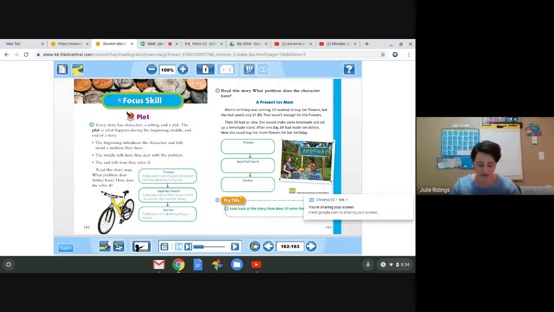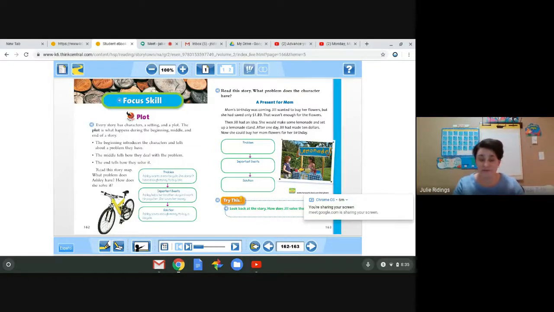So the problem, if you want to say it out loud with me, Ashley wants a new bicycle. She doesn't have enough money to buy one. So her problem is she wants a bike, but she doesn't have enough money to get it. Important events. So this is our middle, right here. Ashley helps her brother do yard work. He pays her.